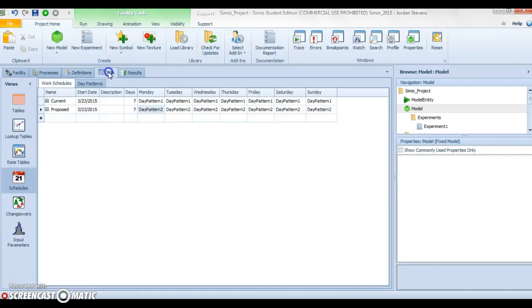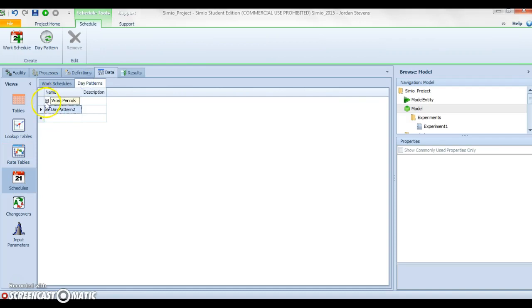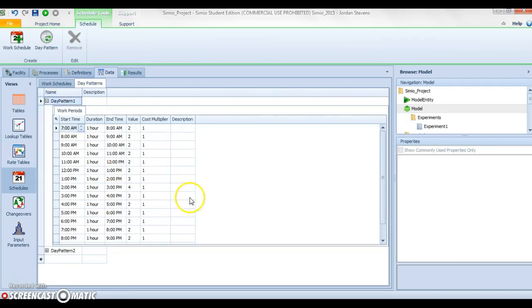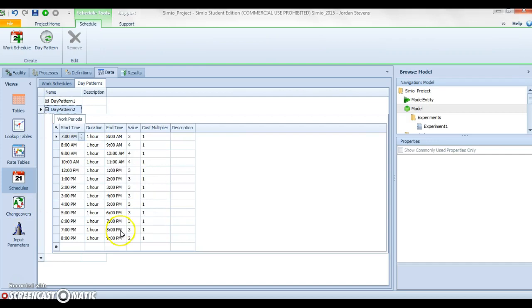I went to data, schedule, and then date patterns. The first day pattern is the current day pattern, an average of 2 doctors, and for each hour they have a certain amount of doctors working, like in the table given. And then I gave the proposed schedule, which has an average of 3 doctors working.